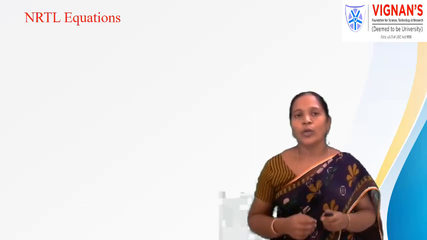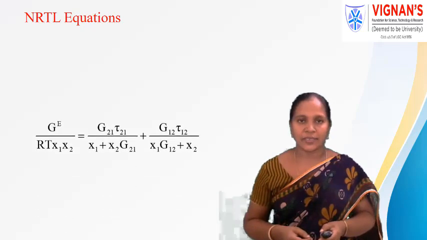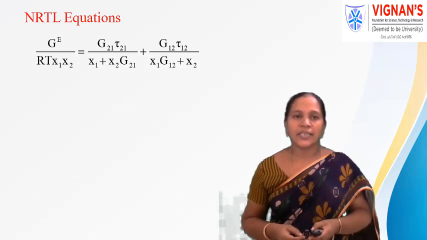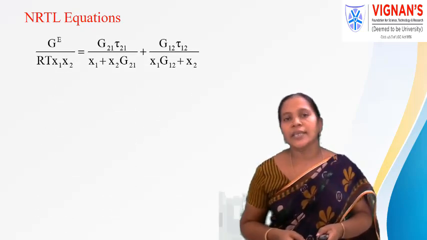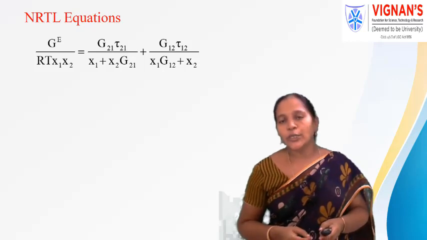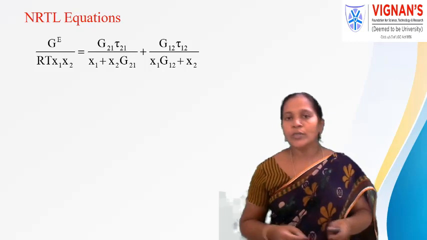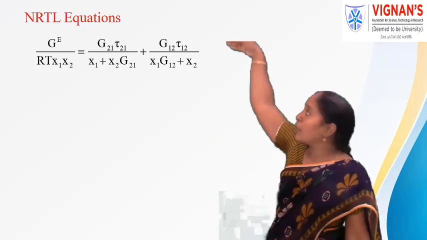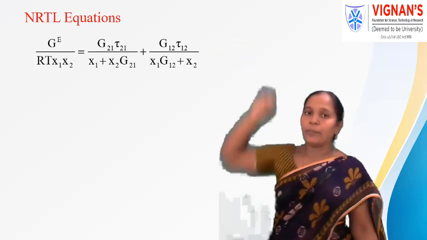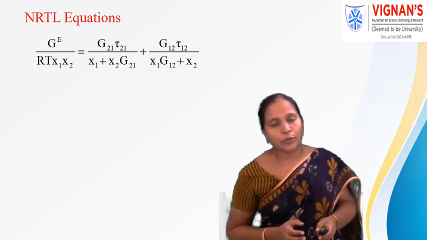Now coming to NRTL equations. Here consider G by RT x1 x2 is equal to G21 tau 21 divided by x1 plus x2 G21 plus G12 tau 12 divided by x2 plus x1 G12.